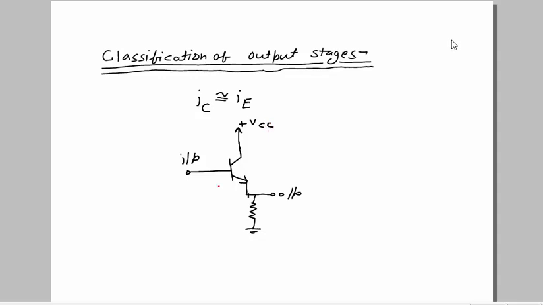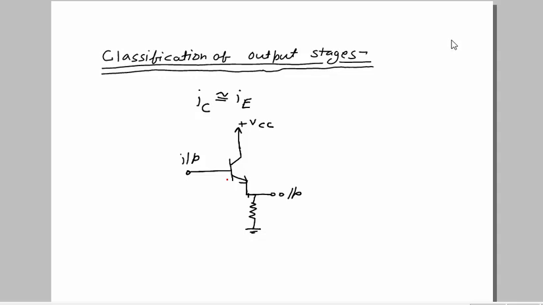Here the collector we have already connected to some positive voltage. Right now our concentration is to study the classification, so many practical things we are going to avoid here. We only deal with the ideal things, like we'll consider the AC gain of this amplifier to be 1, so the peak to peak input voltage is the same as the peak to peak output voltage or currents.